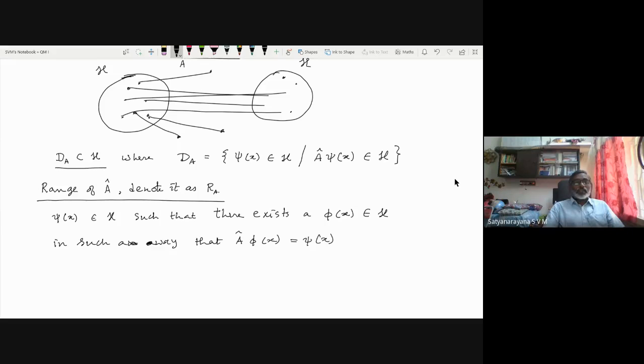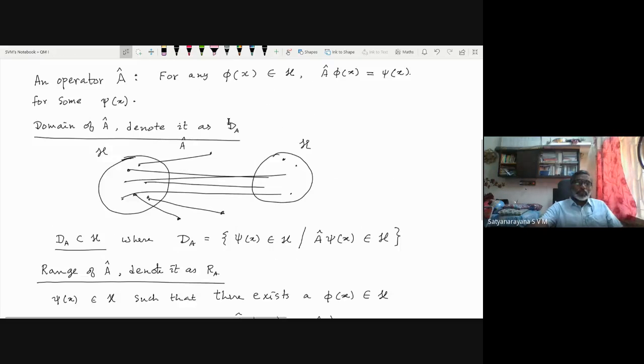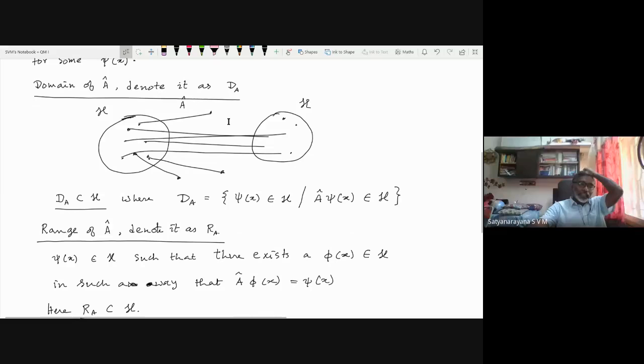But within that, depending on your operator, the range and codomain are subsets of H. So here, this range of A is also a subset of H. It may so happen that it is equal to H, but in general, it can be a subset. So we are now defining two concepts. One is the domain of an operator, and the other is the range of an operator.